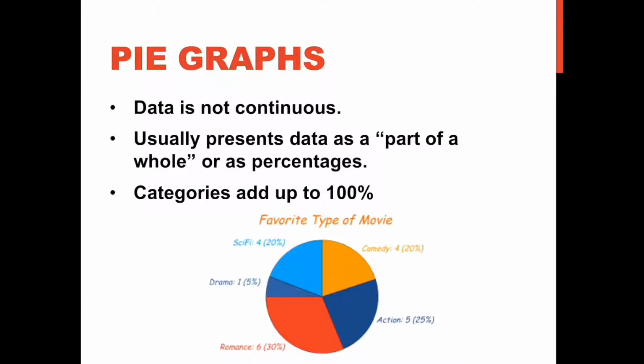So 4 people, which is 20, ended up in this case being 20% of 100, liked comedy. 4 people, 20% of whatever they had, liked sci-fi. So you could go and survey 60 people about their favorite type of music, their favorite food, whatever, and end up turning that into a percentage and creating a pie chart out of it. It's just to show parts of a whole.